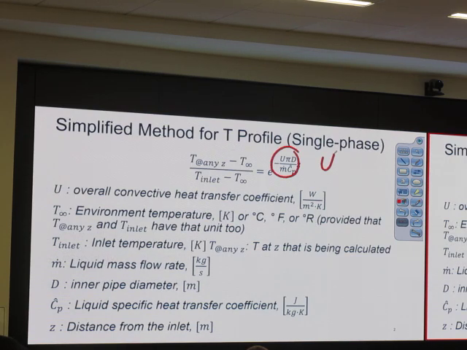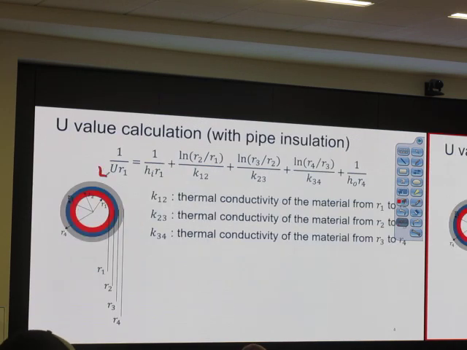So UD equals 2 multiplied by U times R. If U is referenced to the inner pipe wall, then R is referenced to the inner pipe wall. So U multiplied by D over there equals 2 multiplied by U and R in that equation.